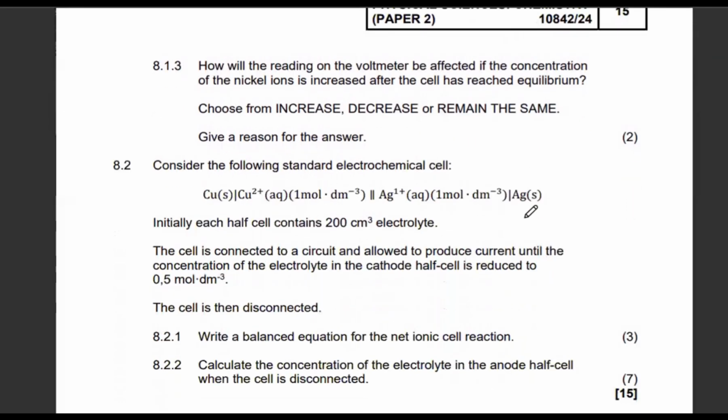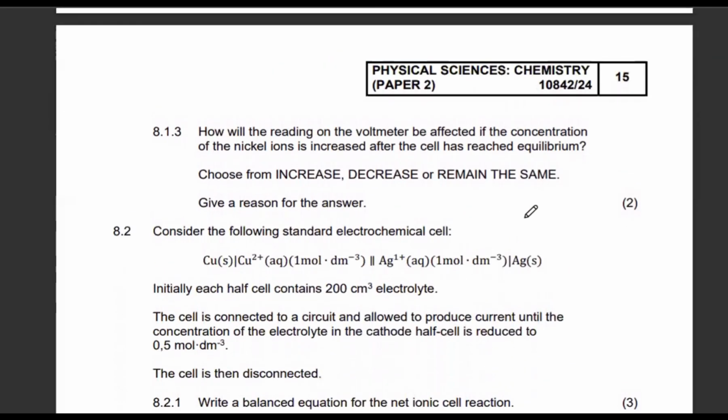Then they're asking: will the reading on the voltmeter be affected if the concentration of nickel ion is increased after the cell has reached equilibrium? Choose increase, decrease, or remain the same. Definitely, if you increase the concentration of nickel ion, the reaction will increase.